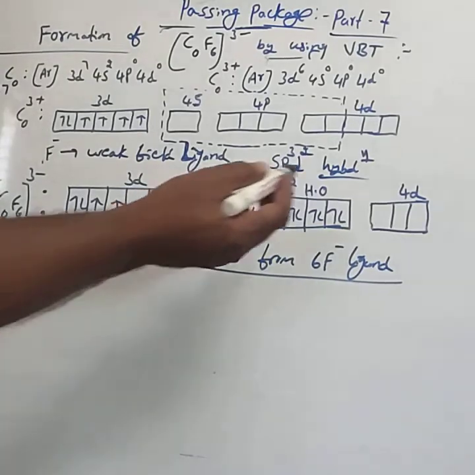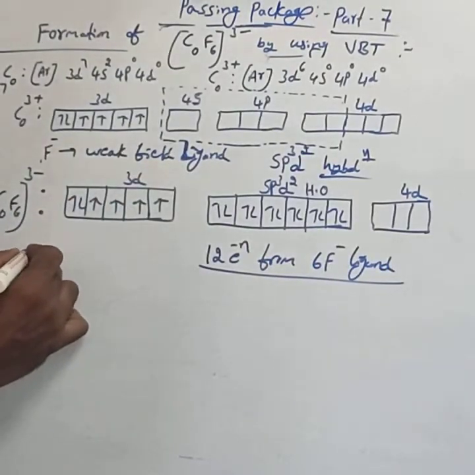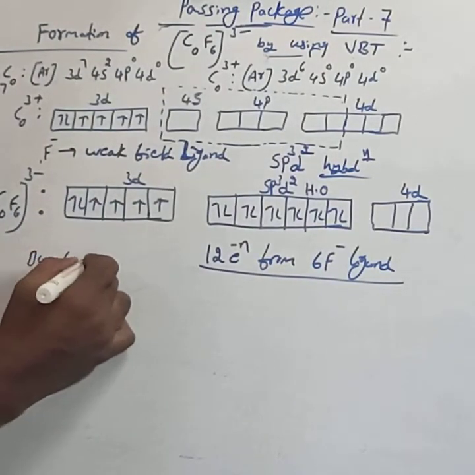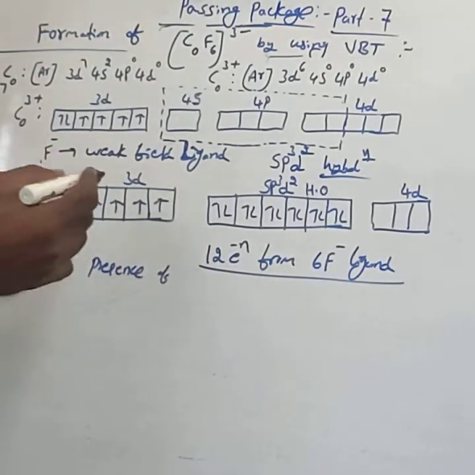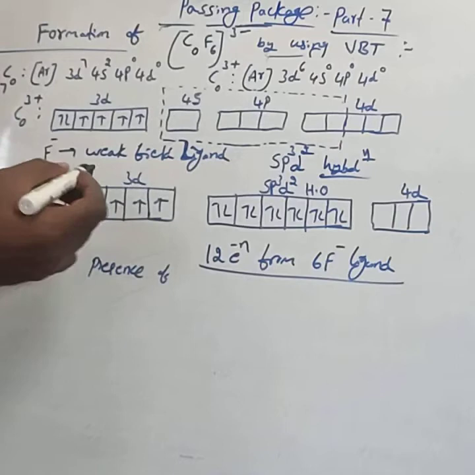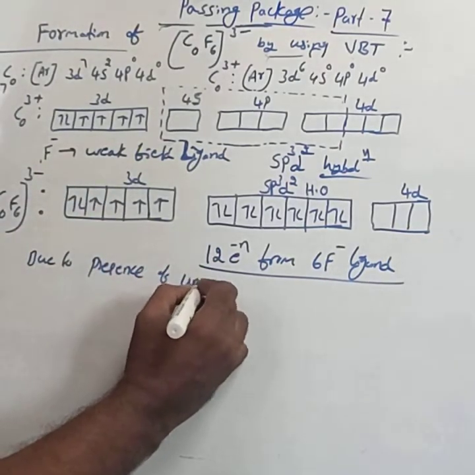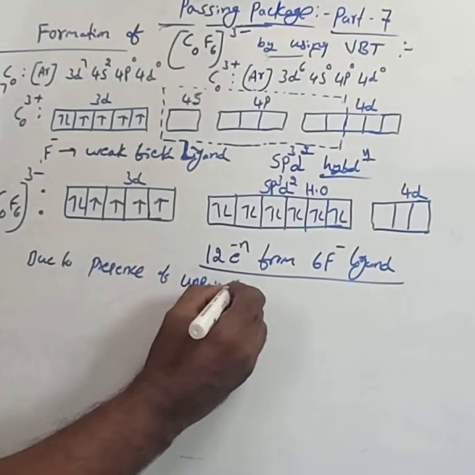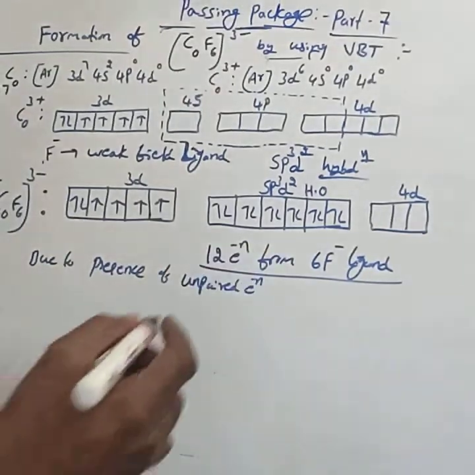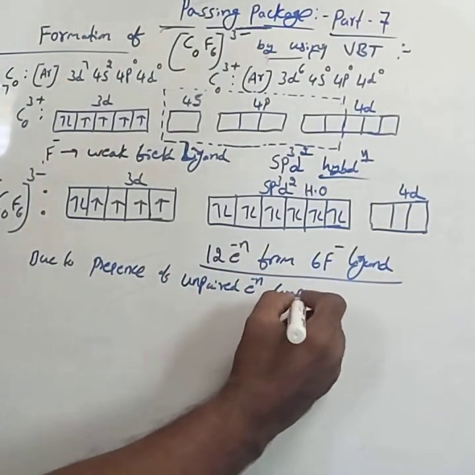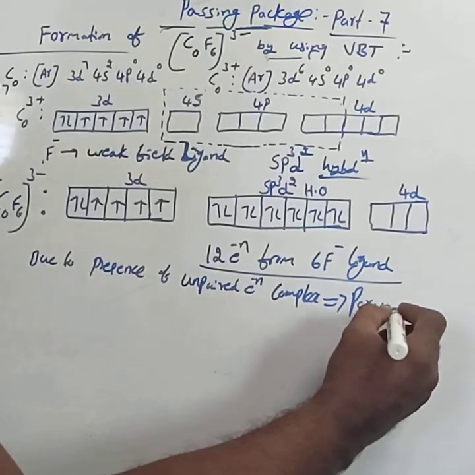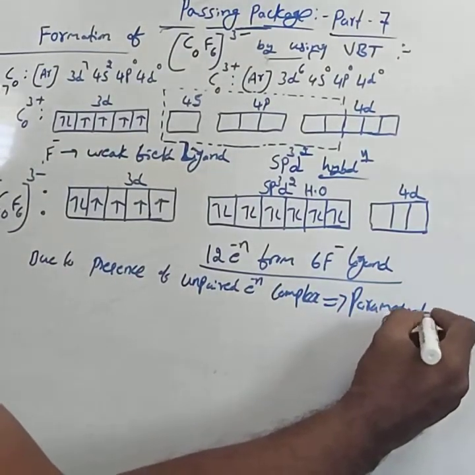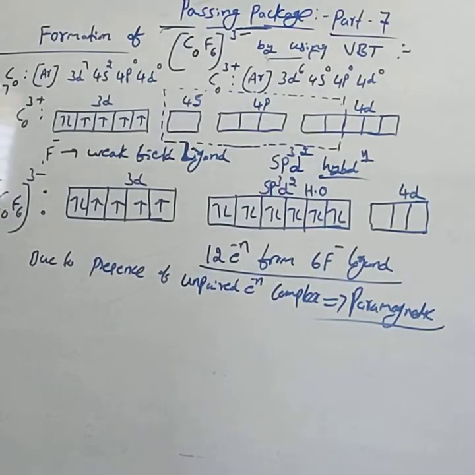You observe the formed complex has unpaired electrons. This 3d contains unpaired electrons. Due to the presence of unpaired electrons, the complex is paramagnetic in nature.